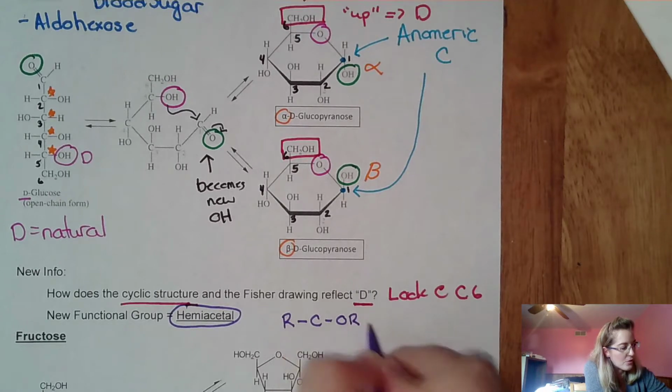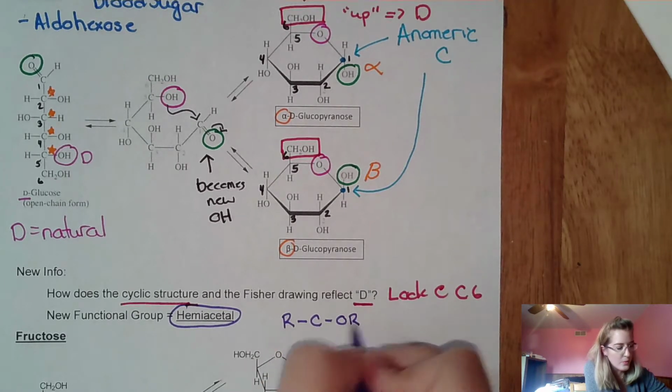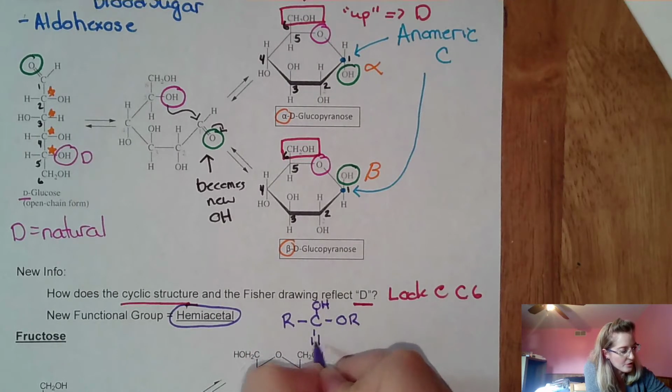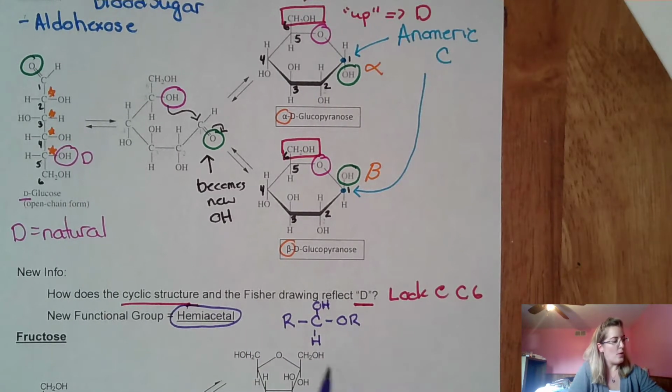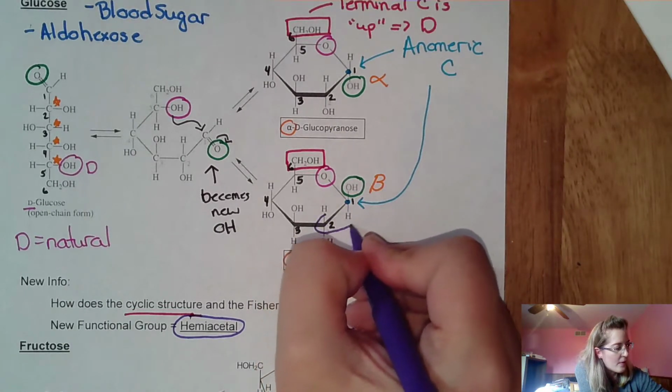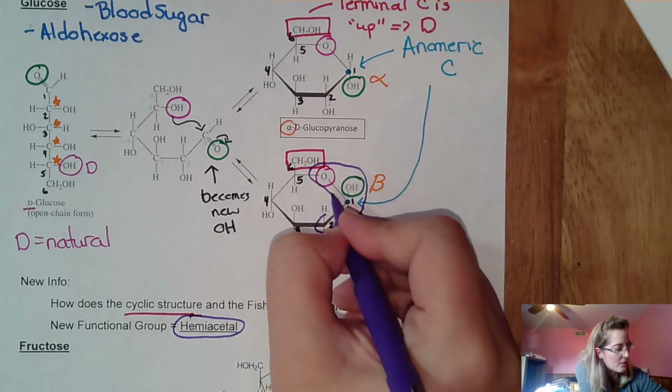You have a central carbon that has an OR group, and also has an OH, and then a hydrogen. As long as you've got a center carbon with 2 oxygens on it, one of those oxygens is an OH, the other is an OR, and then a hydrogen, this will be a hemiacetal. Really what I'm talking about here is surrounding the anomeric carbon. That's it. So highlighted or circled in purple here, this is your hemiacetal.